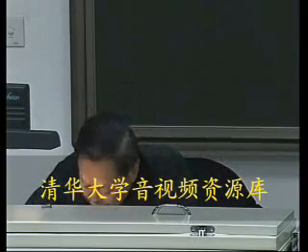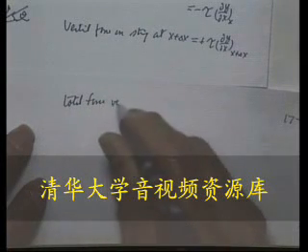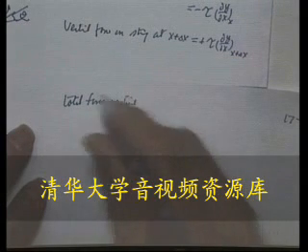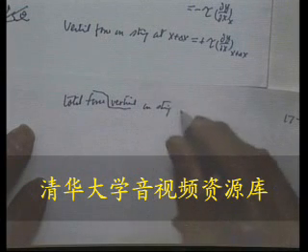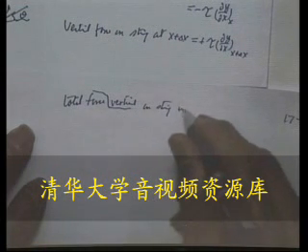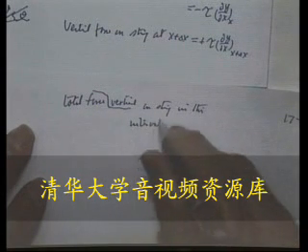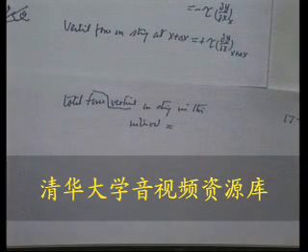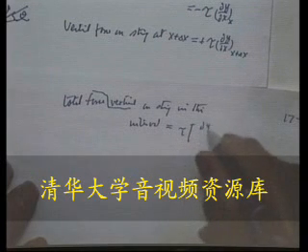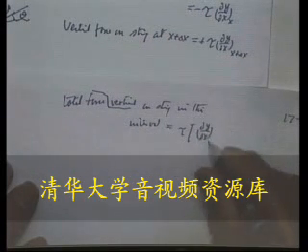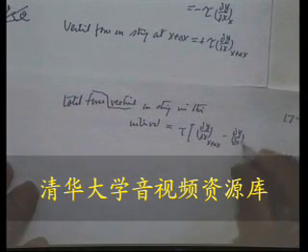So the total vertical force on the string in this interval is the difference of the two, equal to tau times dy dx at x plus delta x minus dy dx at x.